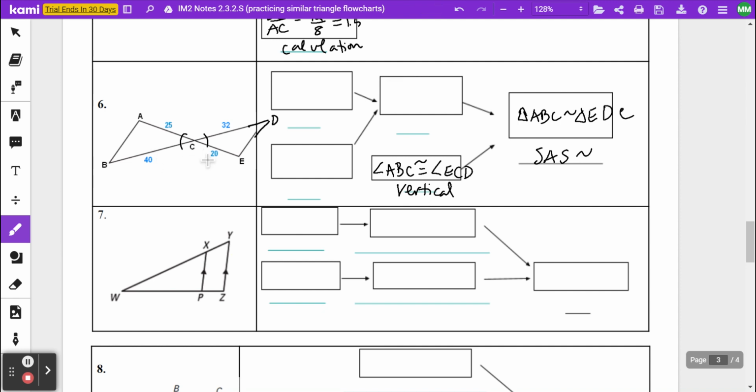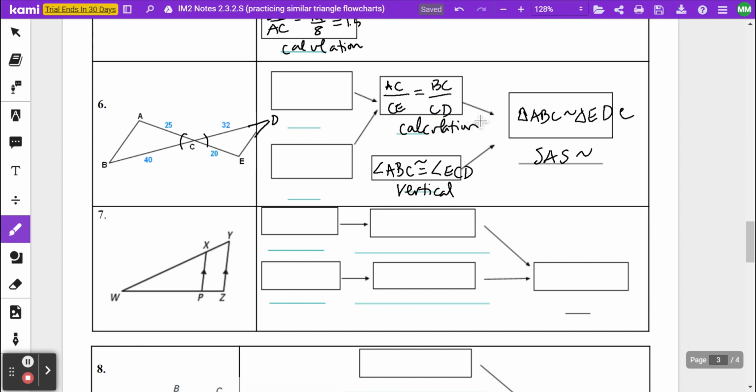All right, now I'm going to compare the shorter sides, and I'll go from ABC as the top of my fractions. So AC over CE equals BC over CD. Okay. And that would be, if it works out by calculation.